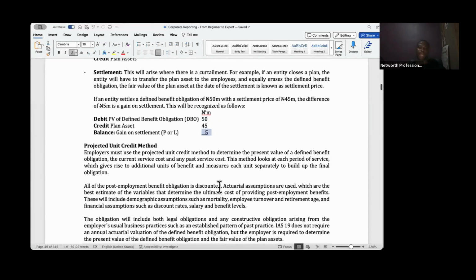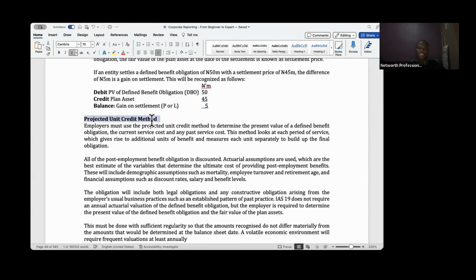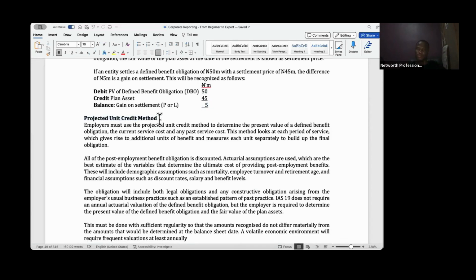Furthermore, I gave some notes on the projected unit credit method, which is the approach recommended by IAS 19 to be used by an actuary in getting all of those figures I've just discussed.